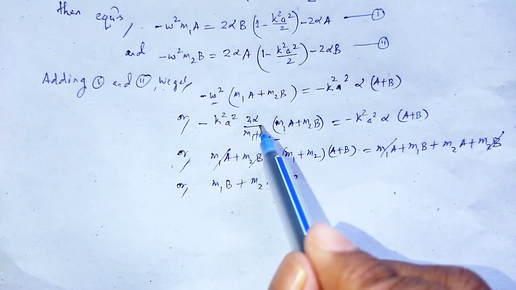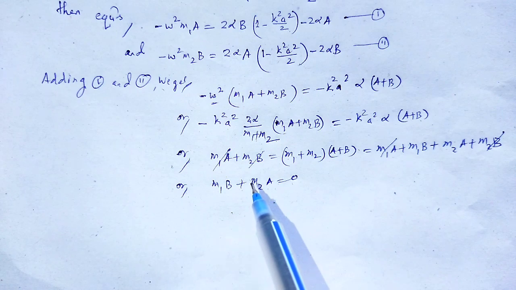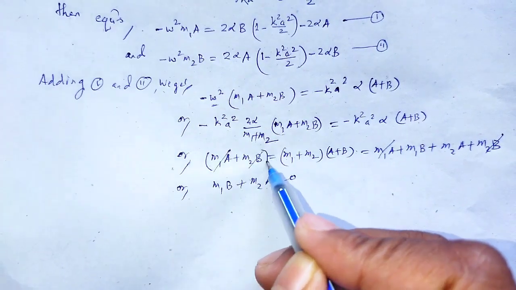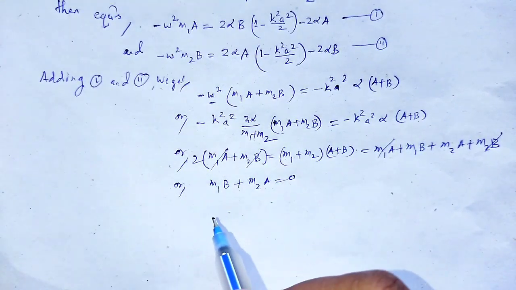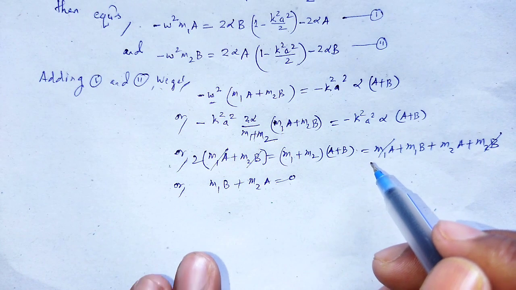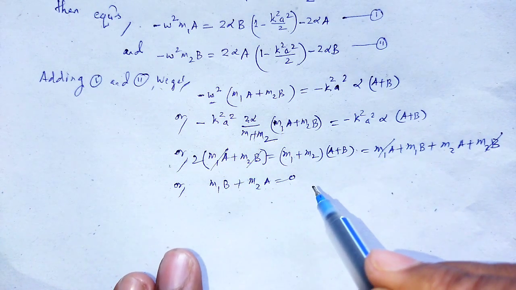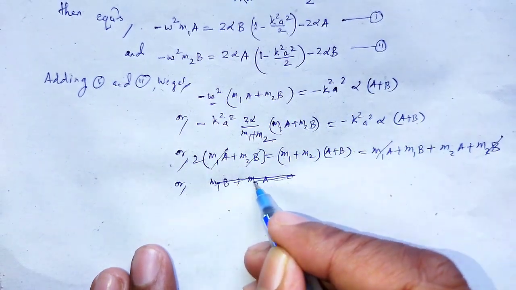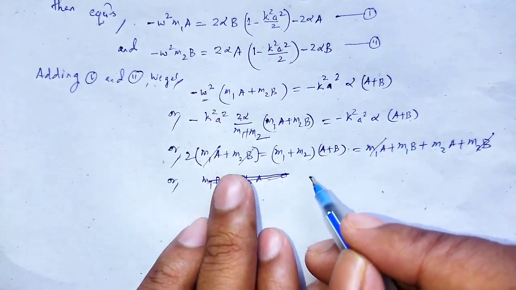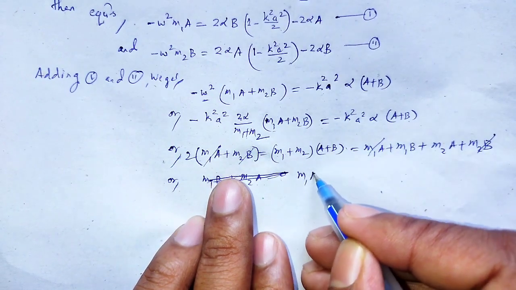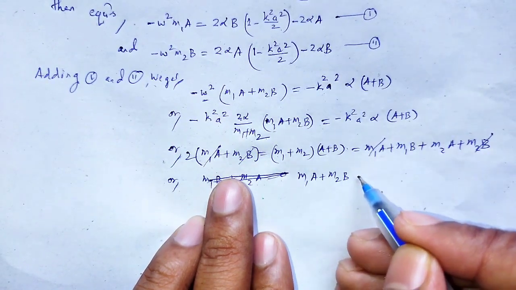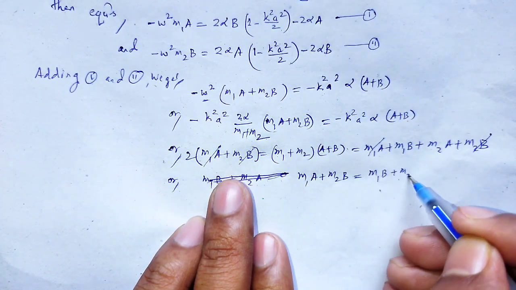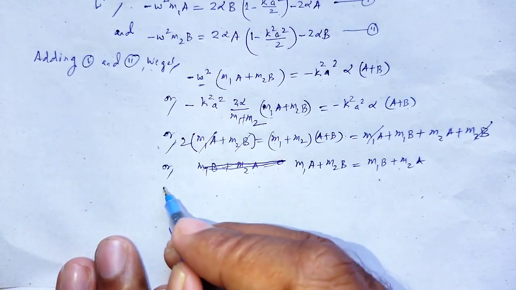Okay, there will be term 2 that exists. Oh, I'm extremely sorry. One term already exists there: m1a plus m2b, another as m1b plus m2a.